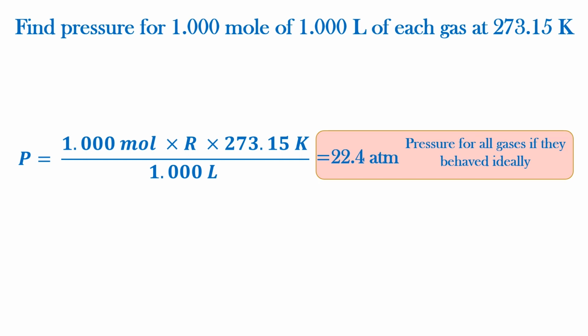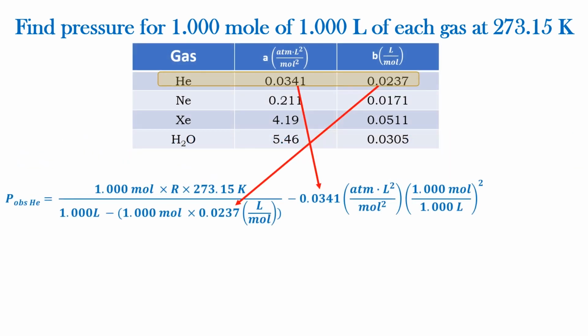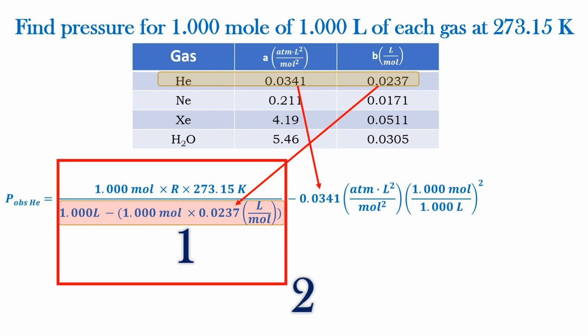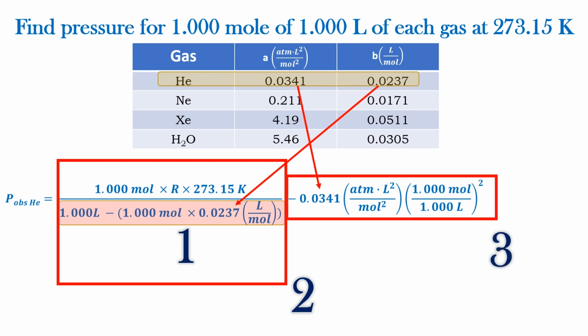Now let's use van der Waals equation to find the pressure for helium first. The equation may look busy, but try to keep the equation organized by completing the calculation in parts. Start by finding the volume correction, then finding the uncorrected pressure, then subtracting the pressure correction.